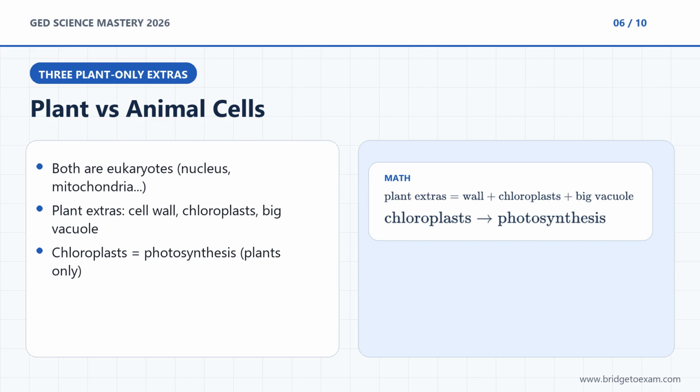Second, green chloroplasts, which capture sunlight to make food by photosynthesis. And third, one large central vacuole for storing water. So when you need to spot a plant cell, look for these three together: a cell wall, chloroplasts, and a big vacuole. Chloroplasts especially are a dead giveaway.